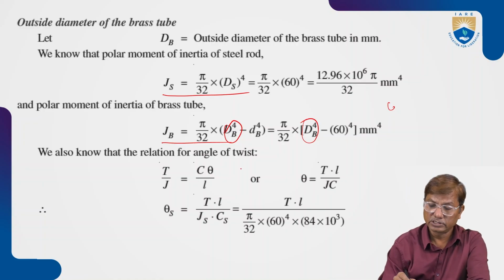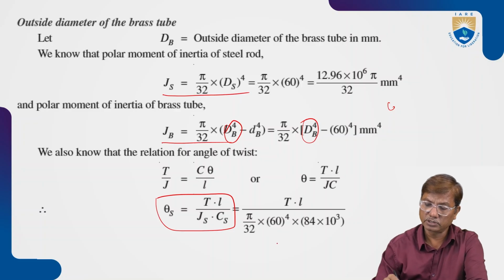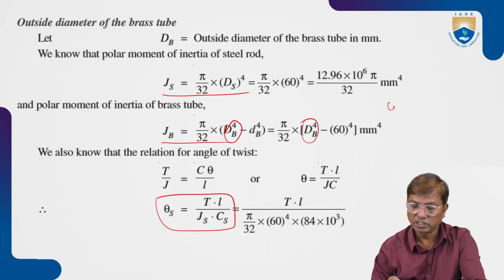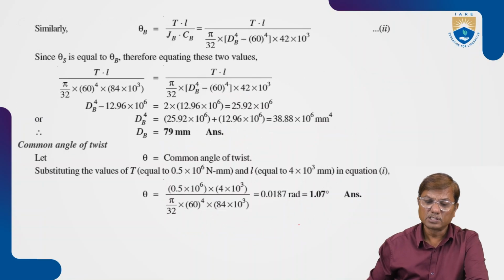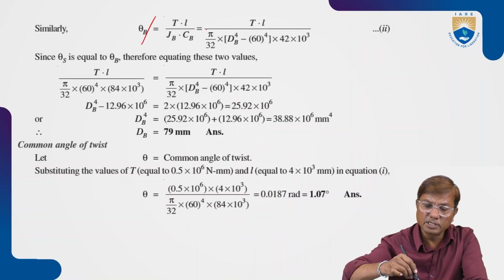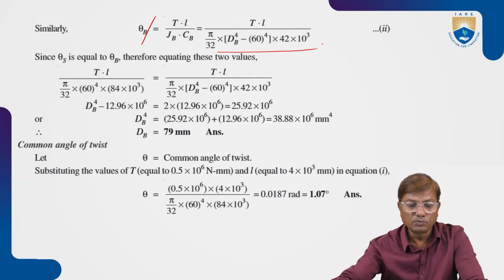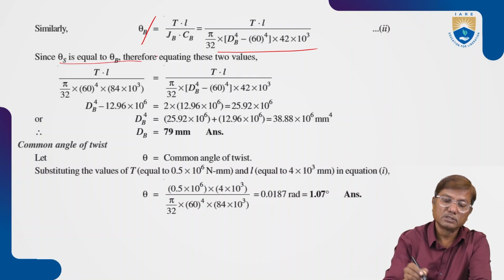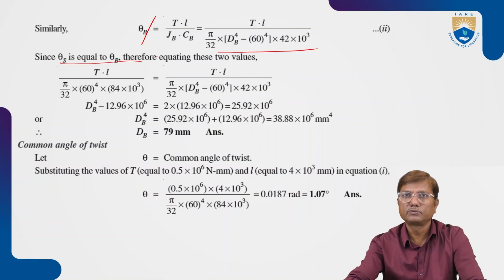Angle of twist is obtained by using this expression, which is TL by JS into CS. Similarly, theta B is this one, and what we know is the angles of twist are same for both.